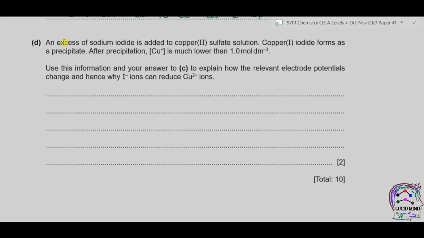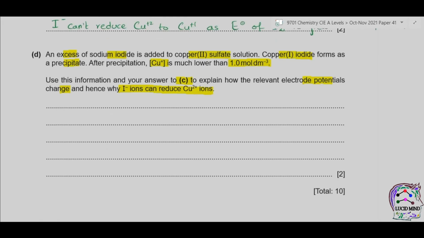Part D. An excess of sodium iodide is added to copper 2 sulfate solution. Copper 1 iodide forms as a precipitate. After precipitation, copper plus 1 is much lower than 1 mole per decimeter cube. Use this information and your answer to part C to explain how the relevant electrode potentials change and hence why iodide ions can reduce copper plus 2 ions.